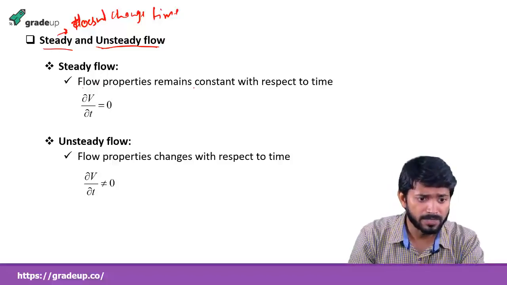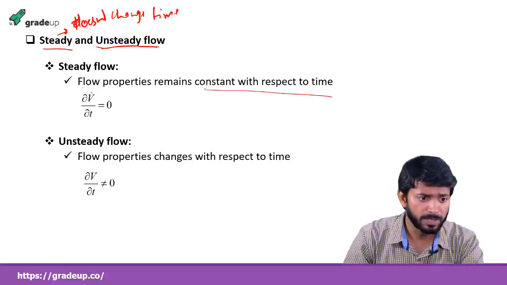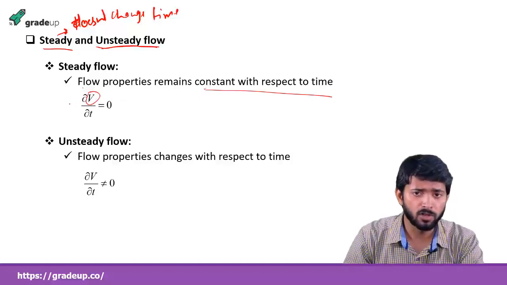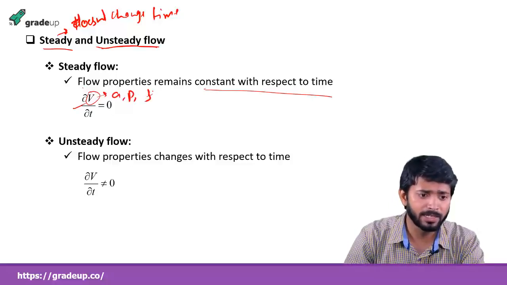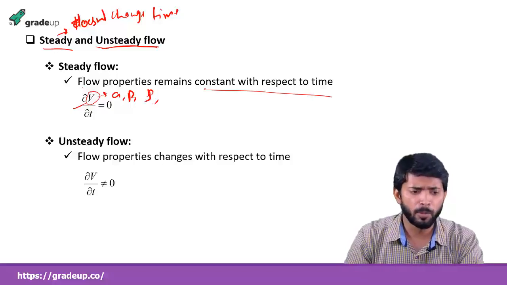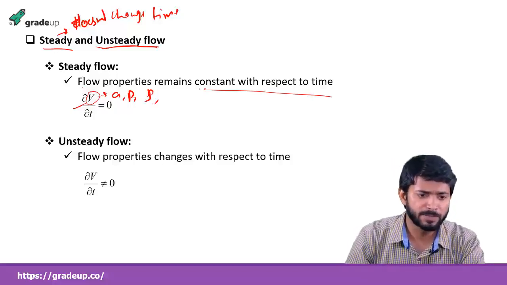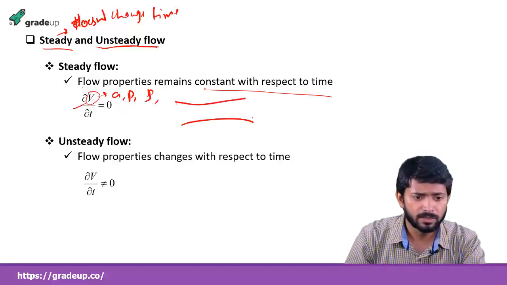If we talk about velocity, and the velocity is not varying with respect to time, it is known as steady flow. It may be the acceleration, the pressure, the density, any fluid property which is not changing with respect to time, and that is known as steady flow.